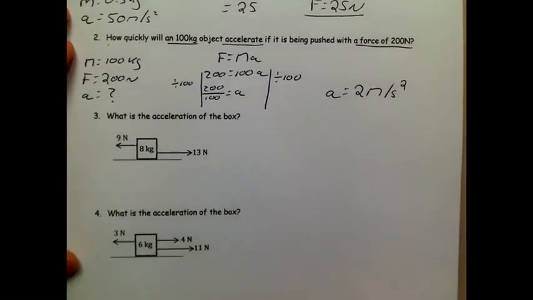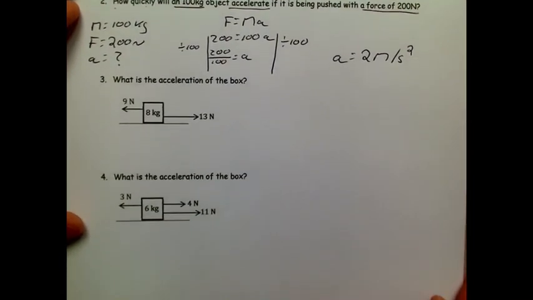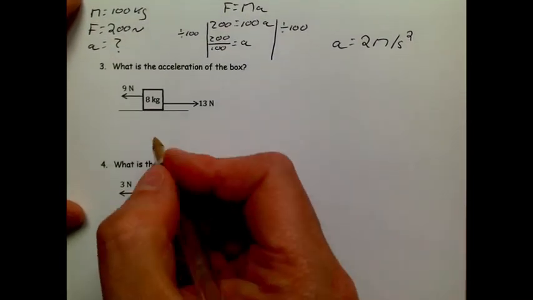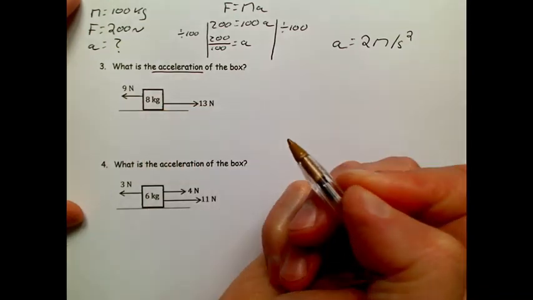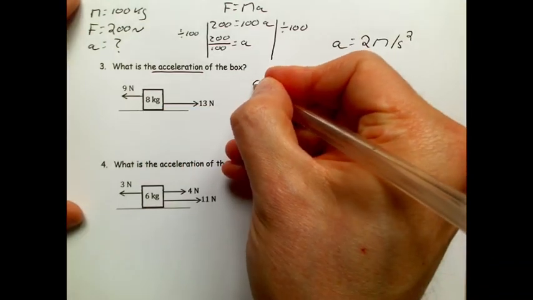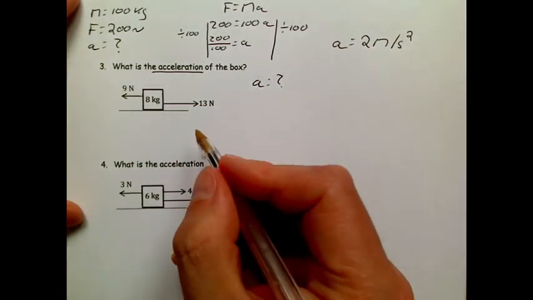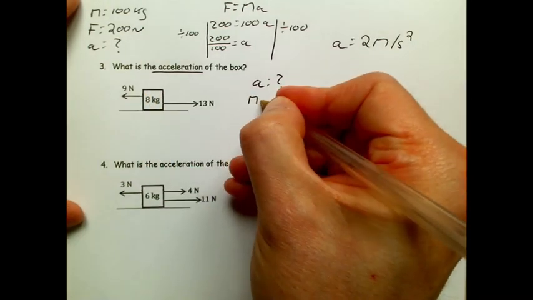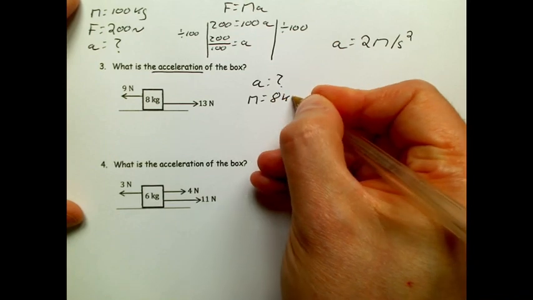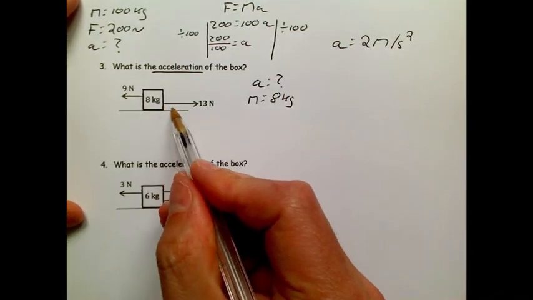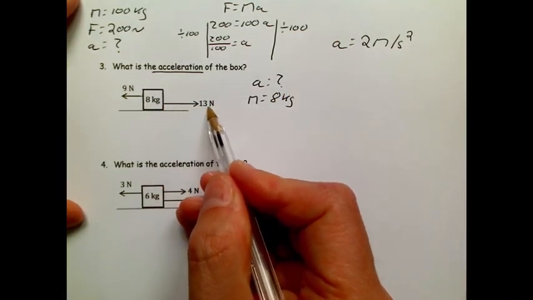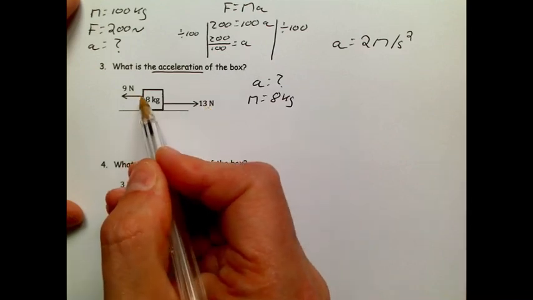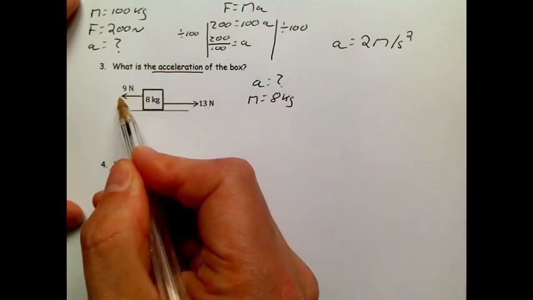On to question number 3. What is the acceleration of the box? So I already know I need to work out a. So let's have a look at our box. We've got an 8 kilogram box, so I have a mass of 8 kilograms. And it's being pushed in this direction with a force of 13 newtons, but there's also a force of 9 newtons pushing in the opposite direction.